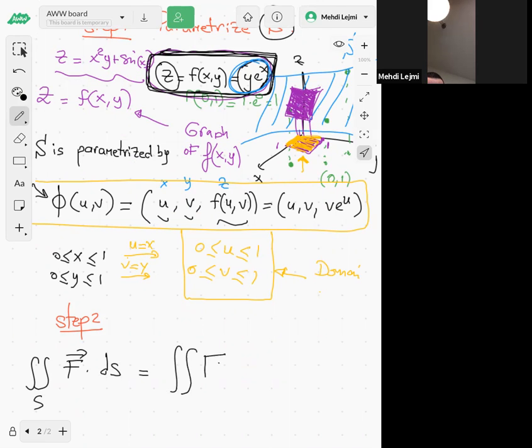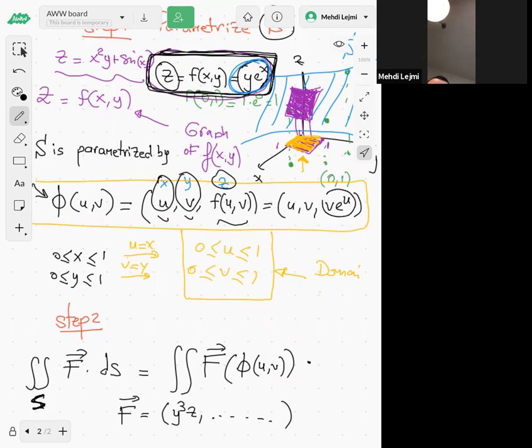So you have the vector field F along your surface. So this is F of phi of u, v. F is, I don't know, something like y cubed z, etc. Then what we are saying is that along the surface S, because we are integrating over this surface, x must be equal to u, y must be equal to v, and z must be equal to this v e to the u.